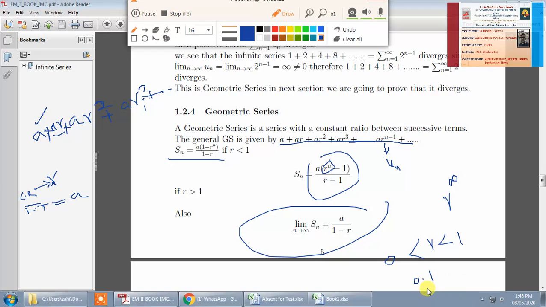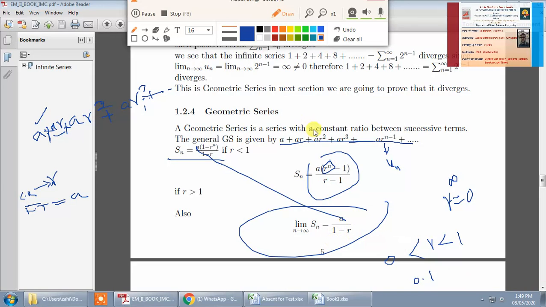We see that 0.1 square is 0.01, 0.1 cube is 0.001, and so on. So this factor r raised to infinity becomes very, very small as we increase n, and at infinity it definitely becomes 0. So this term vanishes, and we get a into 1, divided by 1 minus r.